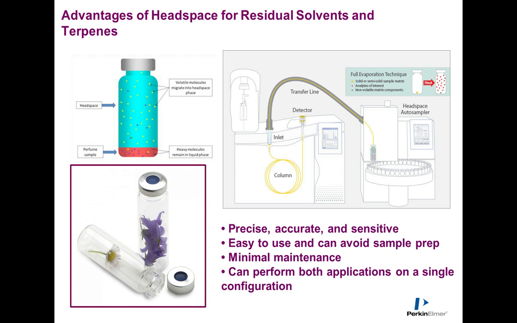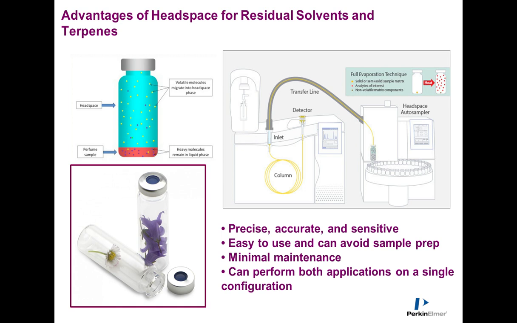This slide gives you an overview of the Headspace test or setup, and it's a very elegant and straightforward experiment. We see on the bottom left a vial. You can place the cannabis, hemp, flower, etc. sample in that vial, and that vial is then placed on the autosampler, and then the method is run.